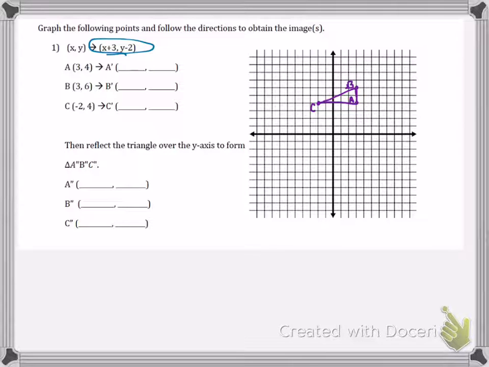So for the image of A, or A prime, I do 3 plus 3, and that's 6, and 4 minus 2, which gives me 2. So the image of A, or A prime, is the ordered pair 6, 2. And so I would plot that point and include the little apostrophe or image mark.